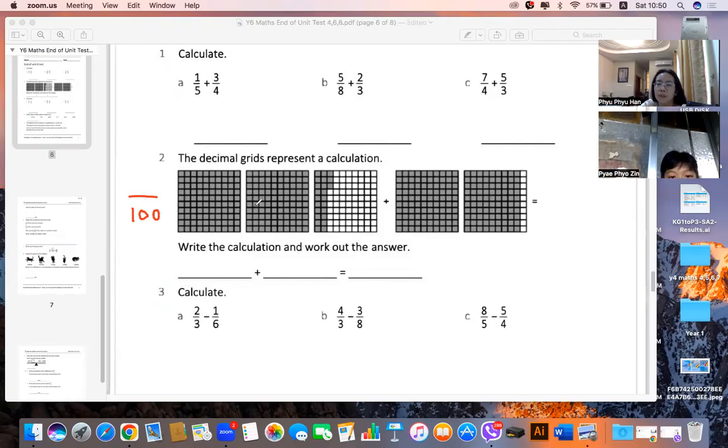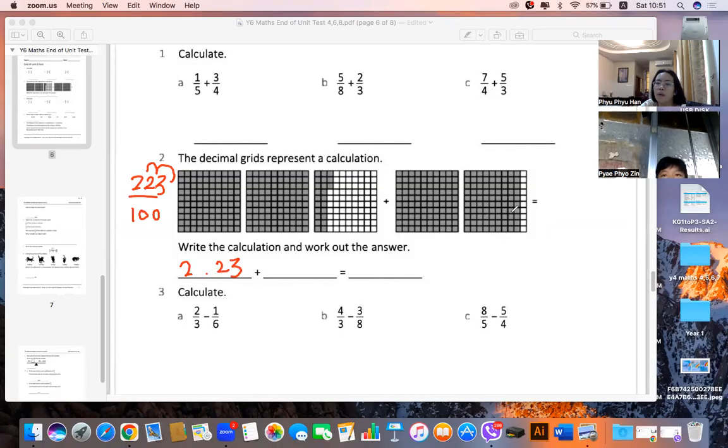For example, this one is 223. We make it into decimal format by dividing by 100, so we shift the decimal to the left, 1, 2. You will get 2.23.